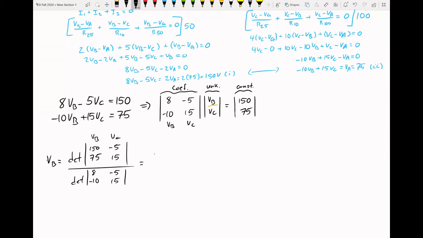So this will give us 150 times 15 minus -5 times 75. Remember, the determinant of a matrix A, B, C, and D is just AB minus CD. That is not right. Don't believe that. It is AD minus BC. Then down here in the bottom, 8 times 15 minus -5 times -10.